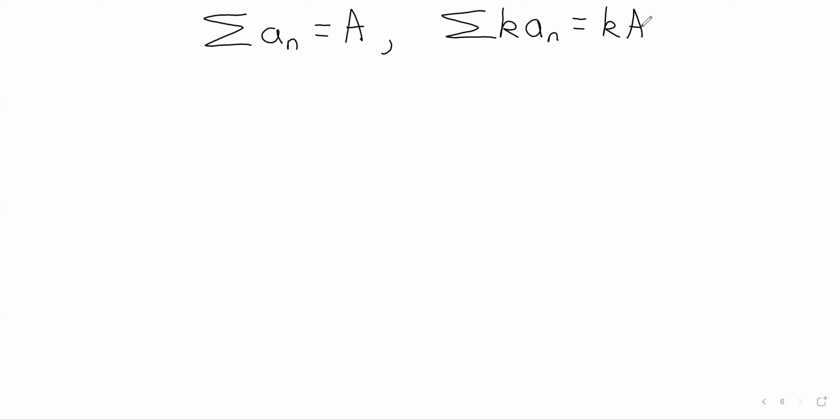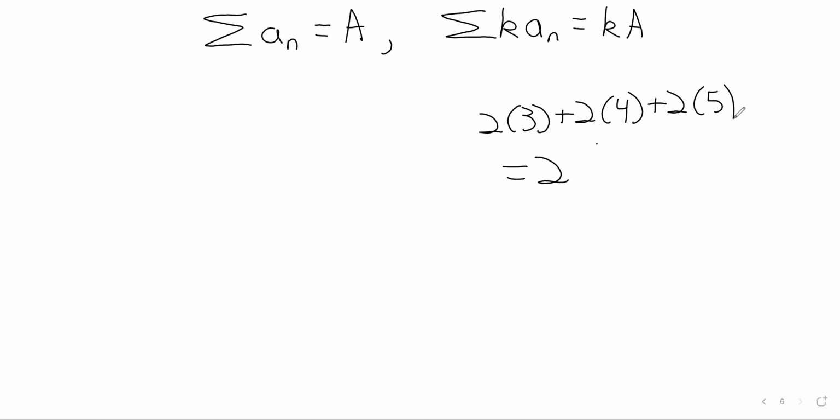You know, 2 times 3 plus 2 times 4 plus 2 times 5 is 2 times 3 plus 4 plus 5. That's a true fact about finite sums.